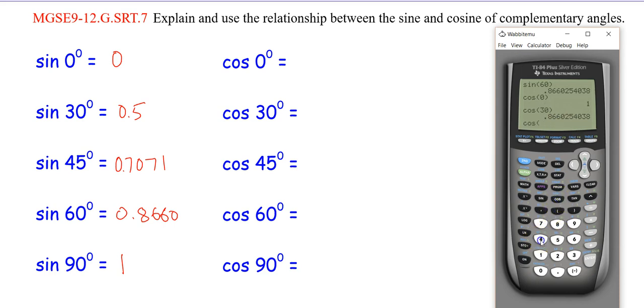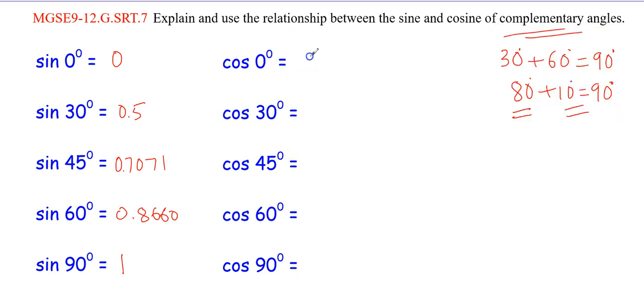Cosine 45 degrees is 0.7071. Cosine 60 is equal to 0.5 and cosine 90 is 0.